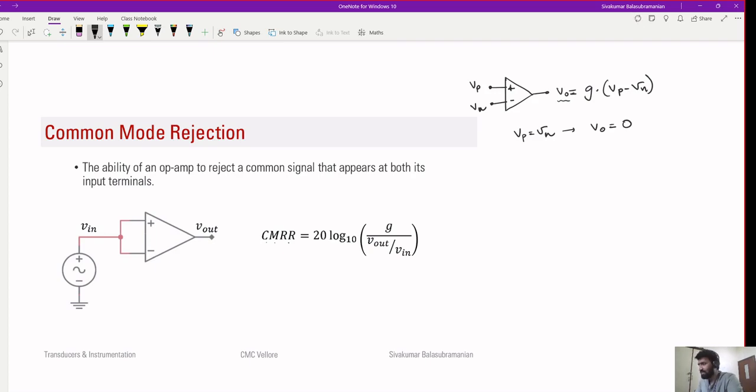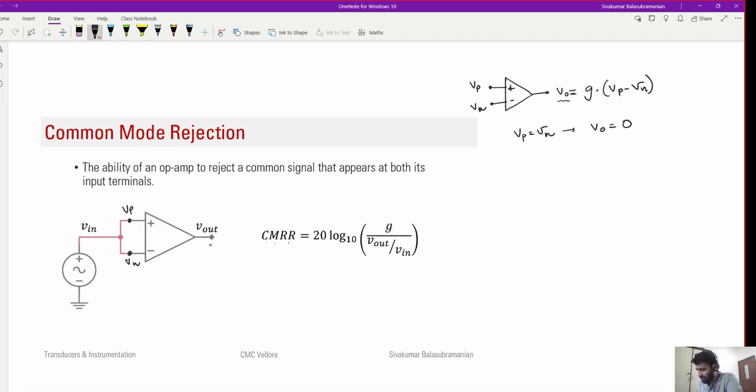But it turns out, again because of the imperfections in the internal construction of your op amp, that if you take a real op amp and you connect some signal source V in, and you apply the same voltage to both Vp and Vn, and you observe the output.